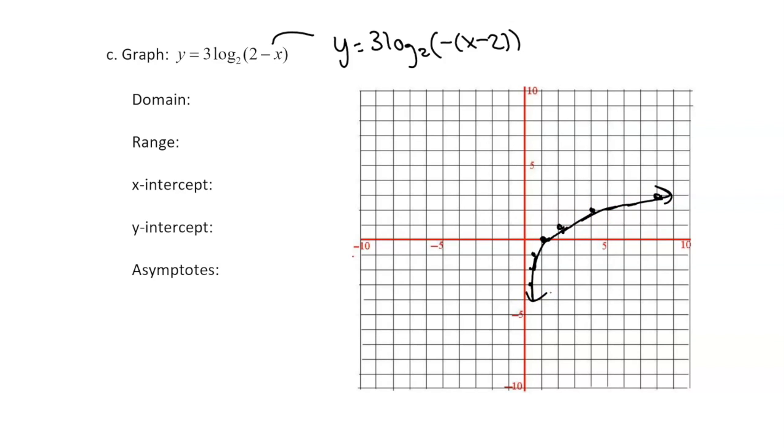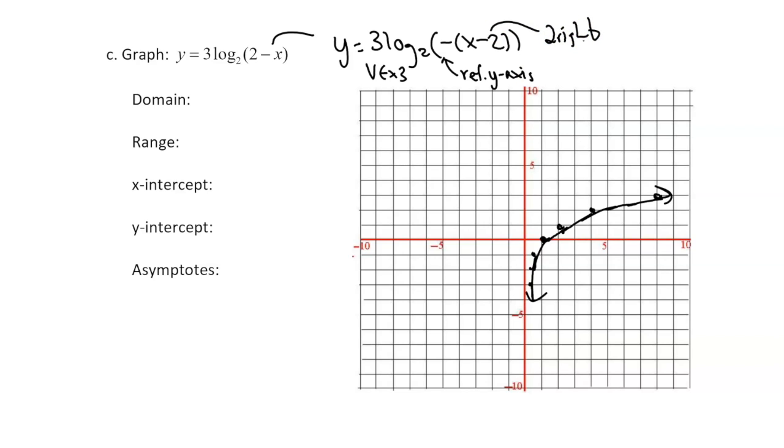So you have that, and then from here, let's apply our transformations. So our transformations would be, we have a vertical expansion by a factor of 3. We have a reflection over the y-axis, and we're going 2 units to the right.